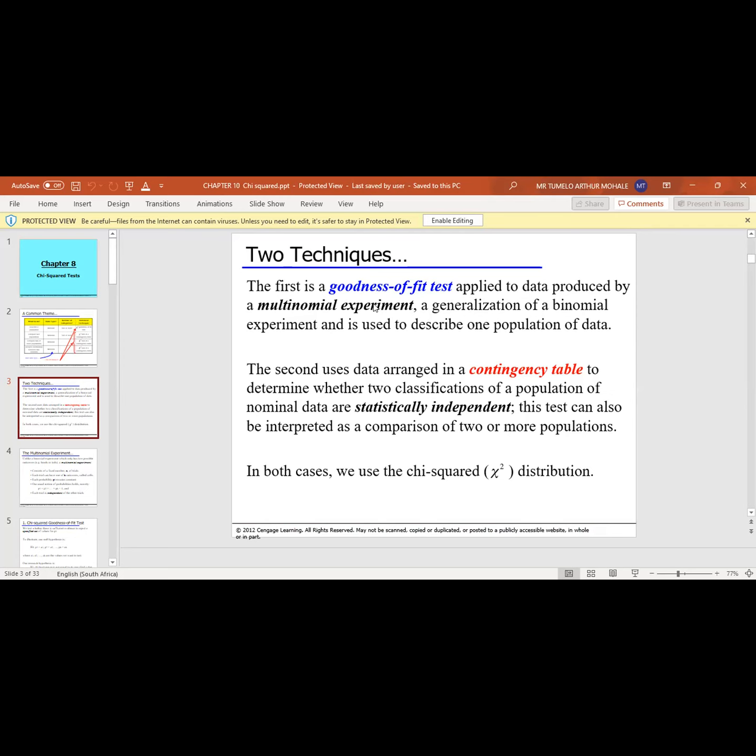Just like with T distribution and Z distribution, they were not telling you that here you are using Z, here you are using T. You had to know the conditions for using either T or Z. So even in this chapter, you have to know the conditions for using the goodness of fit test.